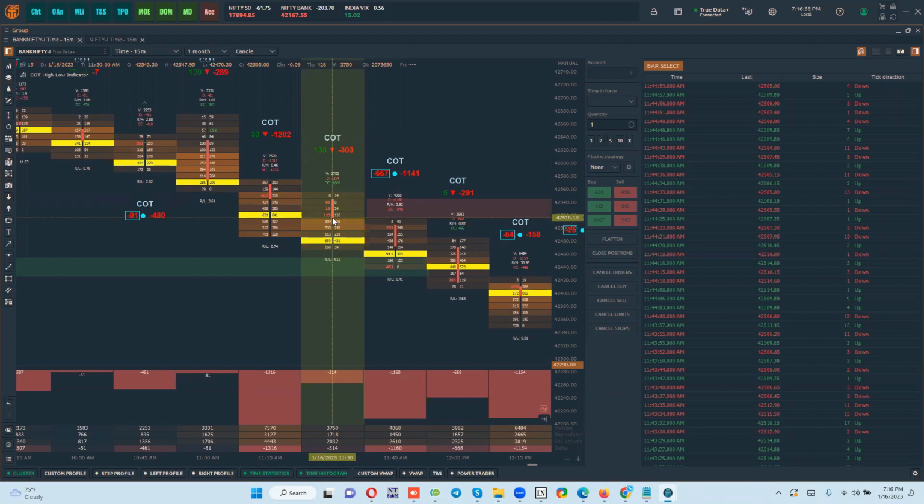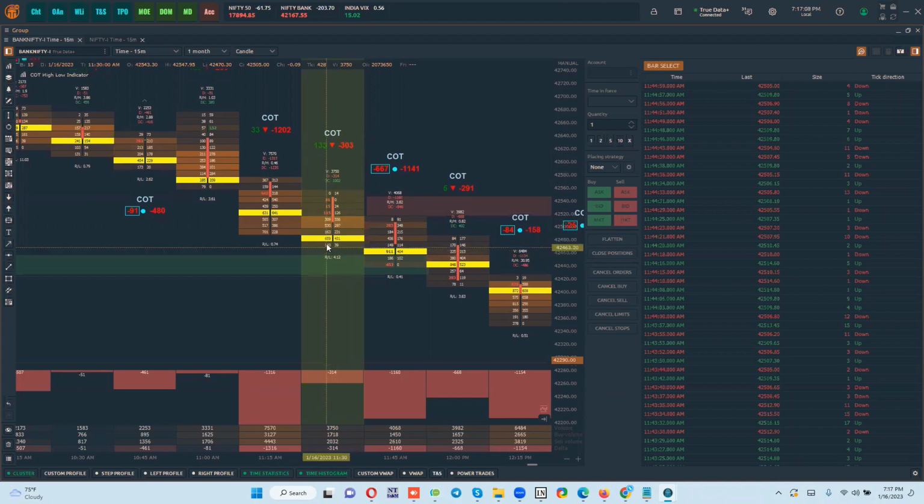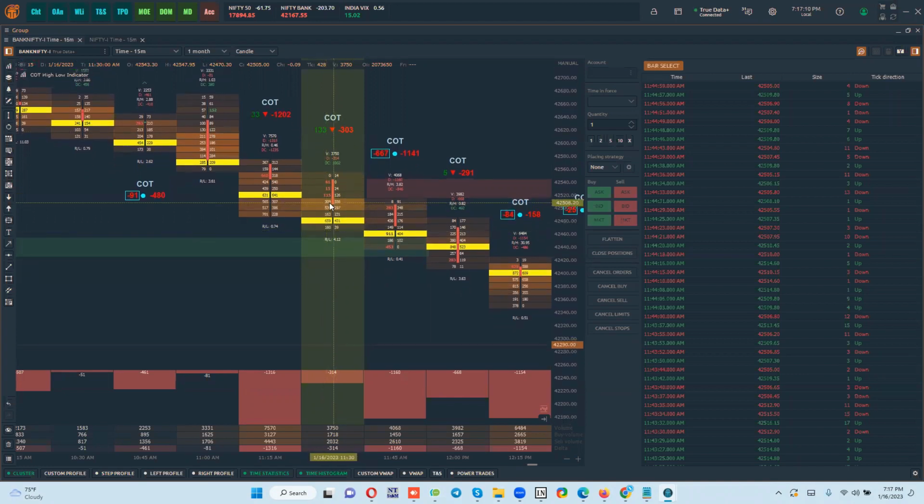From the low till the close, because the candle closed at the middle of the bar, we could have seen some kind of buying interest at the low of that particular bar. In this case, we are seeing there were more buyers as compared to sellers. So this is a normal circumstance.